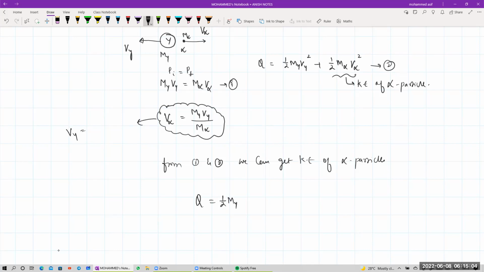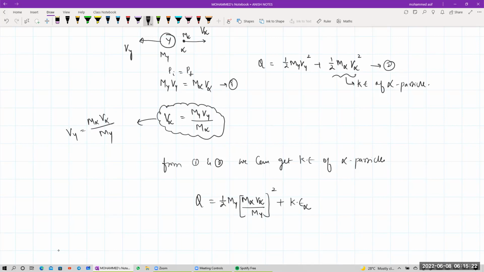Vy will be equal to the mass of the alpha particle times the velocity of the alpha particle divided by My. So here I can write this as m alpha times v alpha divided by m y, whole square, plus this will be the kinetic energy of the alpha particle.